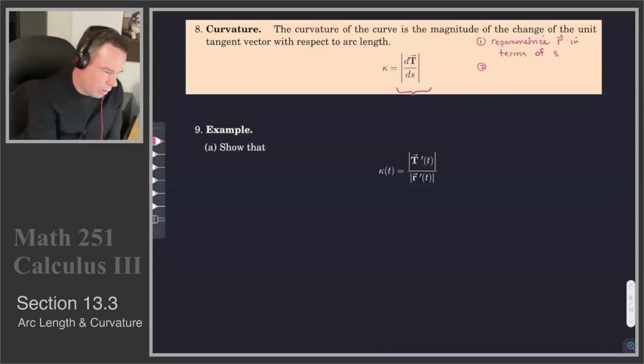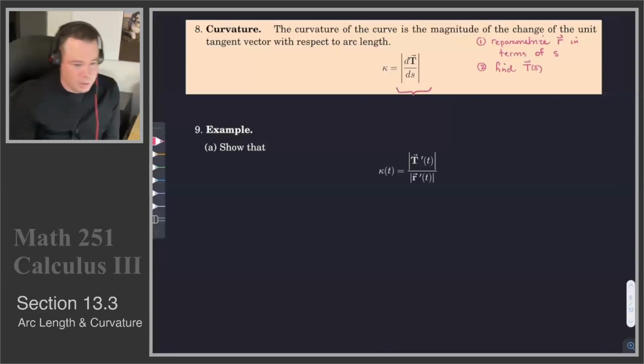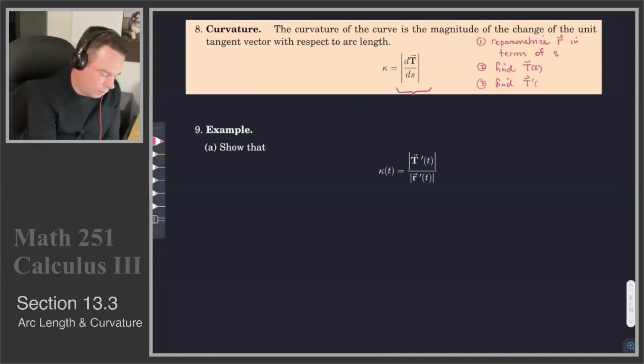Once we have that reparameterization, then we have to find the unit tangent vector. And the unit tangent vector means we'd have to differentiate our parameterization and then normalize it. So there's a little bit going on in that step. Then we'd have to find the derivative of this.